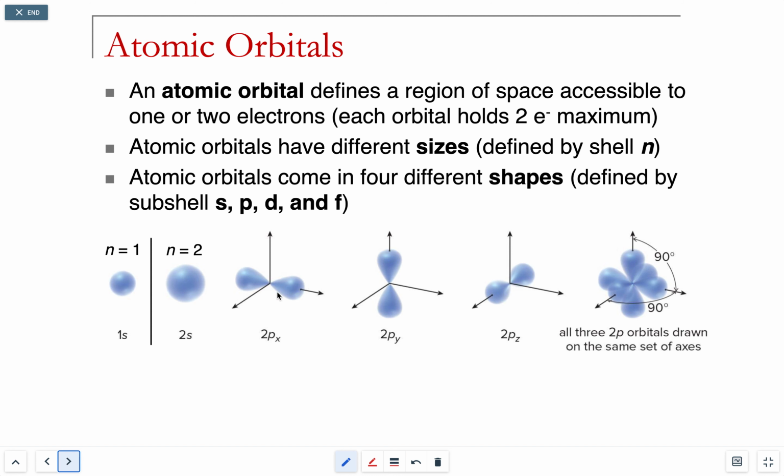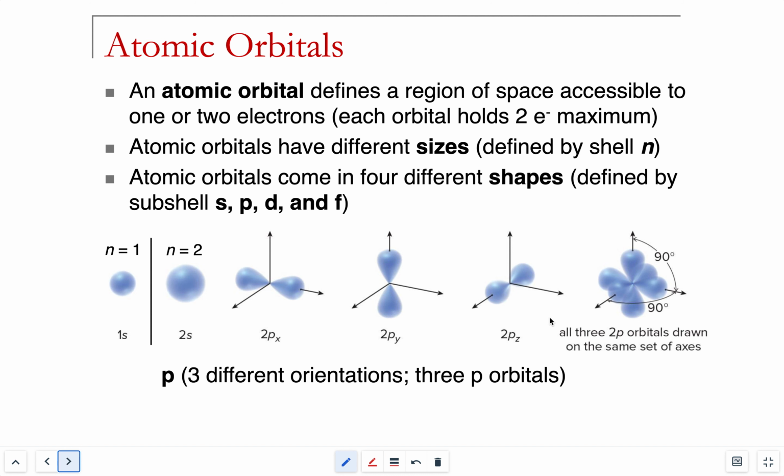This one is oriented along the x-axis and is called a px orbital. This one's oriented along the y-axis, py. This one's oriented along the z-axis. It's called a pz orbital, and again the 2 denotes that it's in the n=2 shell. If you take all 3 p orbitals together, this is what it would look like, with 90-degree angles between all 3 orbitals. So there are 3 different orientations for 3 p orbitals.